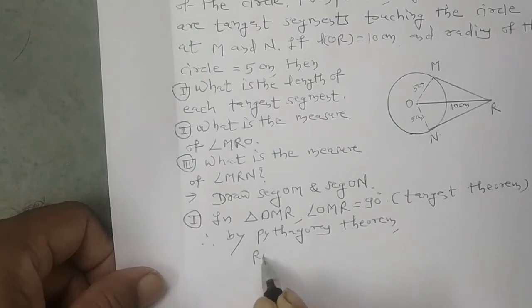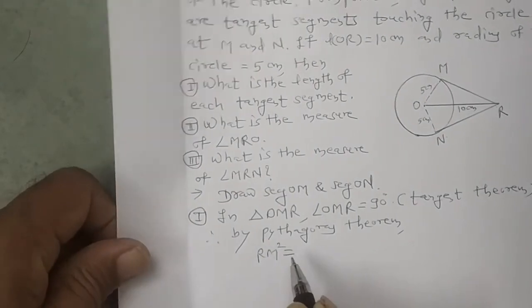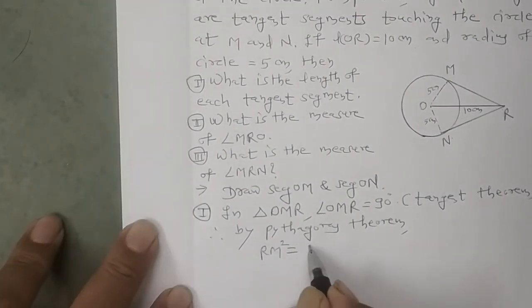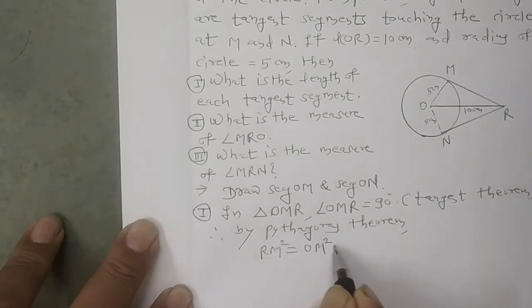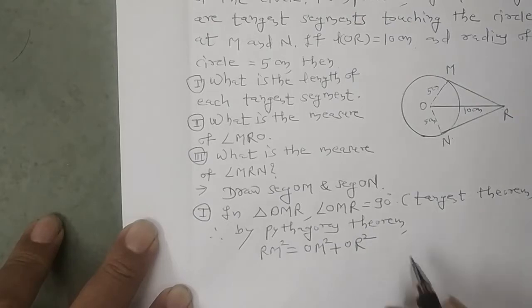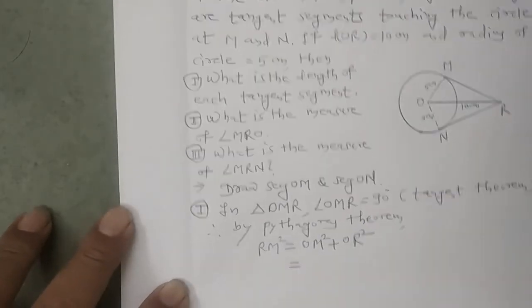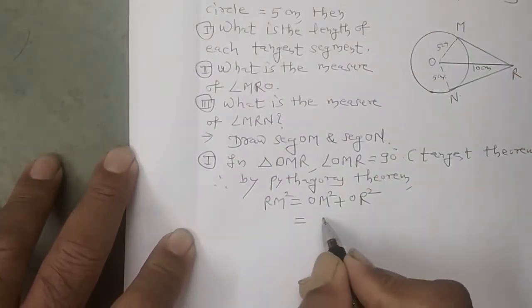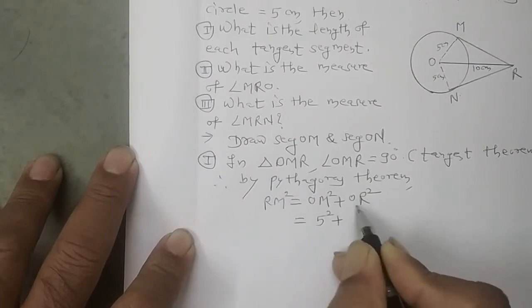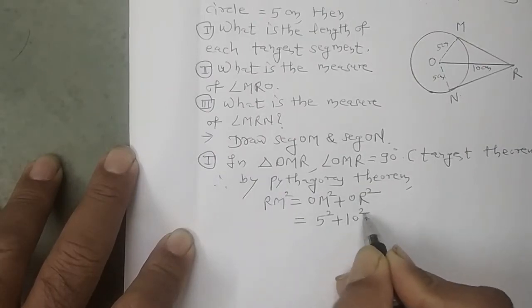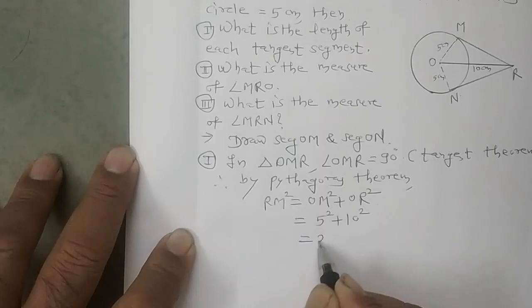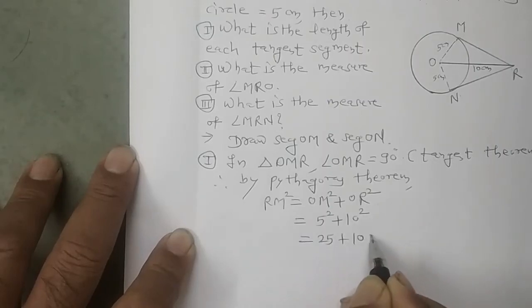That is, RM square is equal to OM square plus OR square. Now put values, OM is 5 square plus OR is 10 square is equal to 25 plus 100.